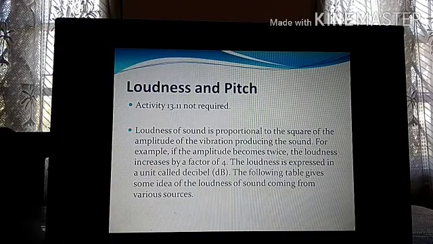Now, loudness and pitch. What is amplitude if I ask you? Amplitude is the maximum displacement of an object from its mean position.